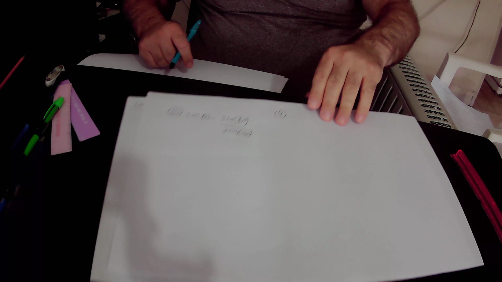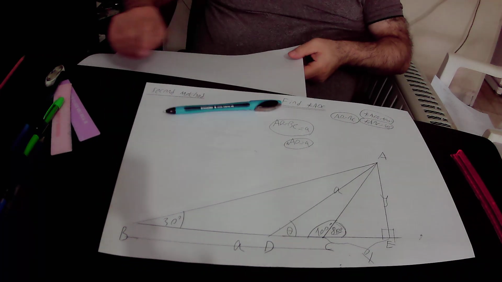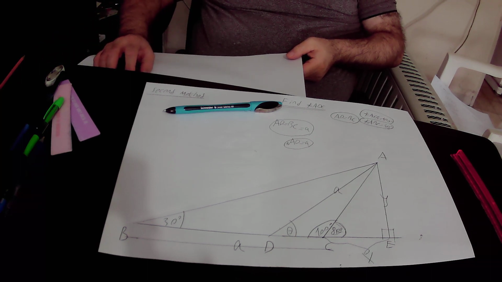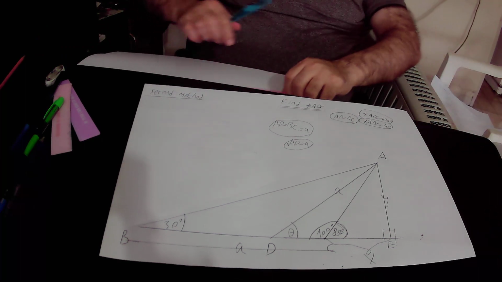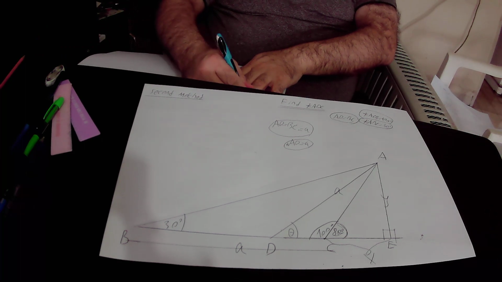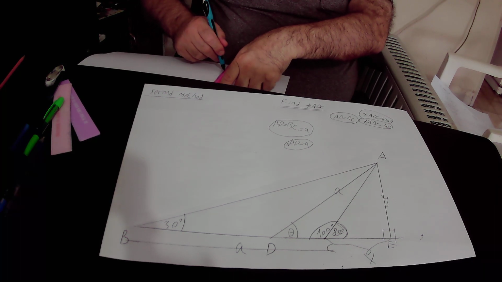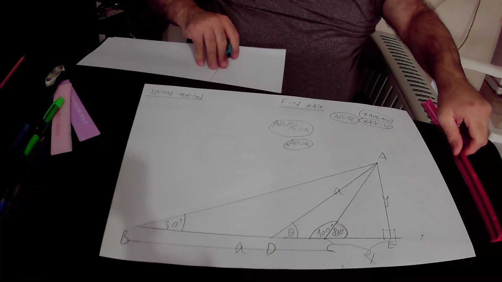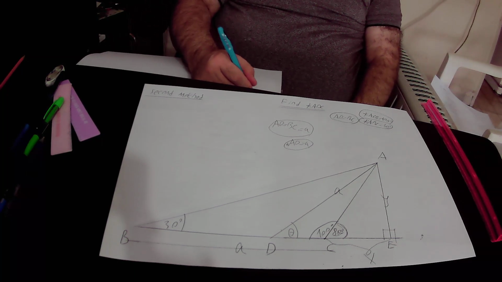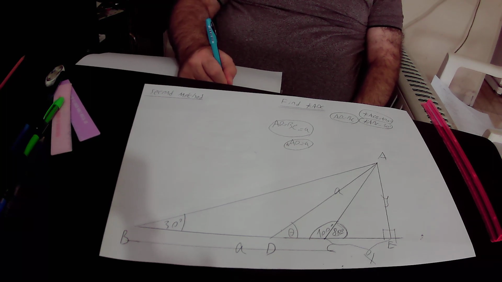We will use the trigonometric identity that states that sine 2a equals to 2 sine a cosine a.